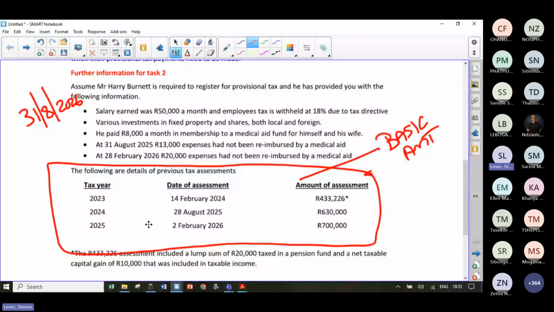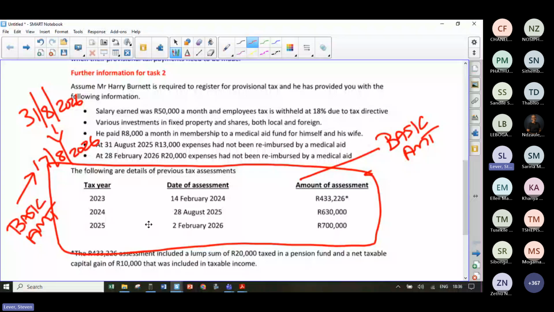So we are going to go 14 days before this, to the 17th of August, and that is the date that you're going to use to work out your basic amount. So you are going to look for the most recent return on or before 14 days before the payment.